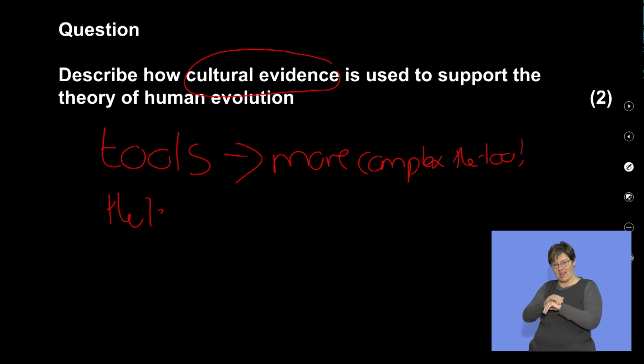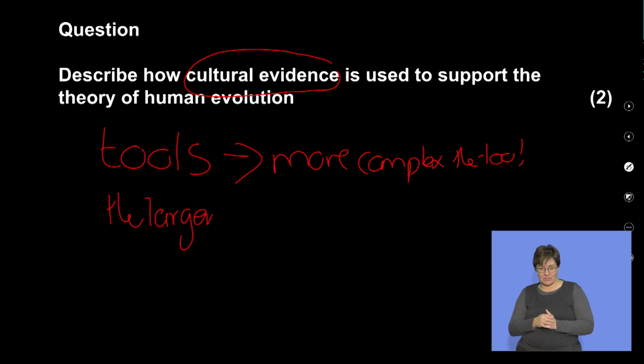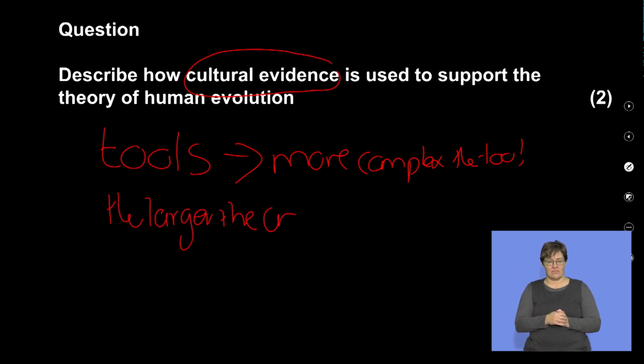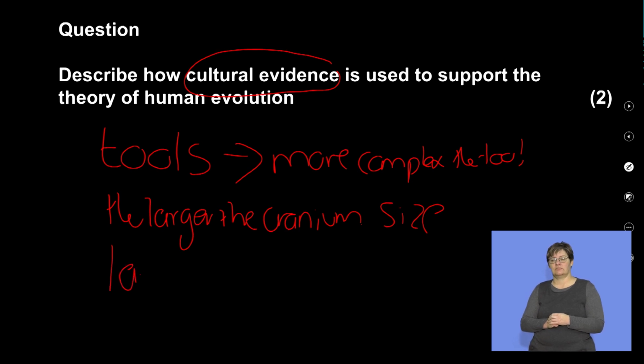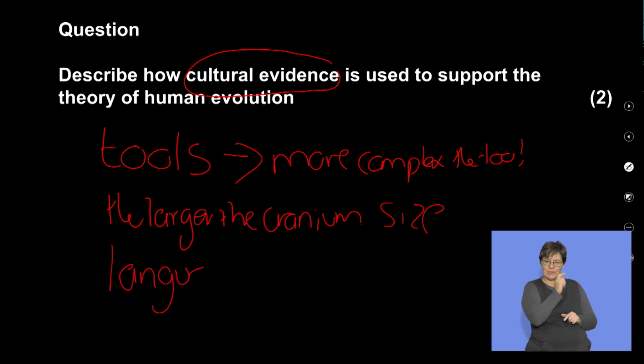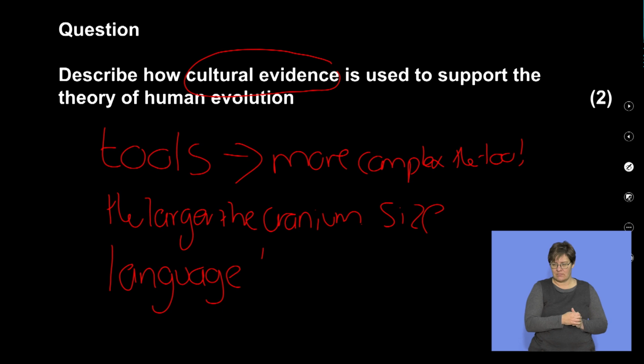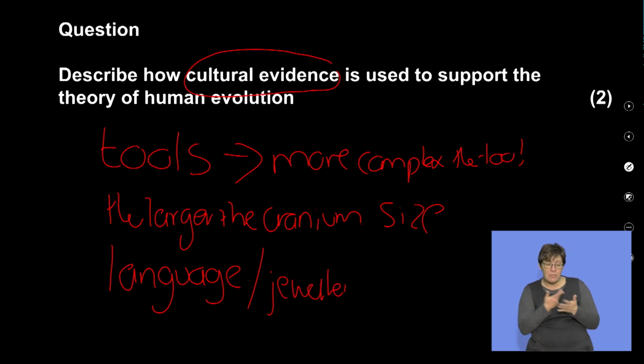The larger the cranium size. Right, what else is culture about? Culture also tells us language. What else? Culture, and other things would be not only tools, sometimes you guys learnt about jewelry. All of that is culture.